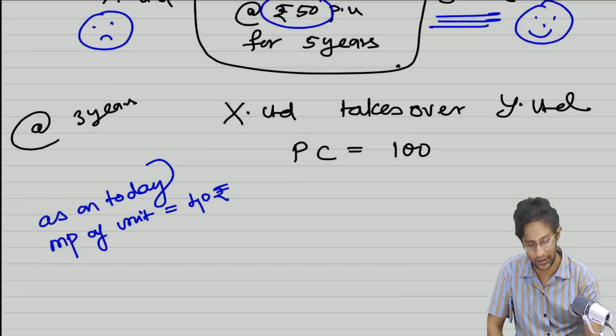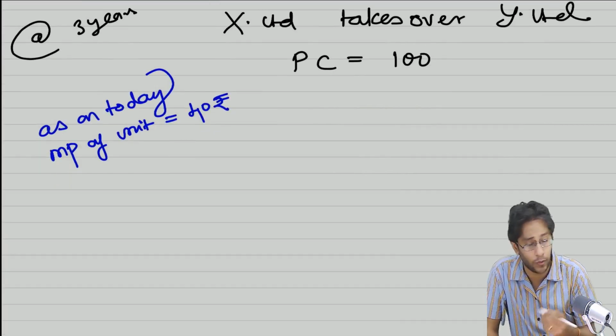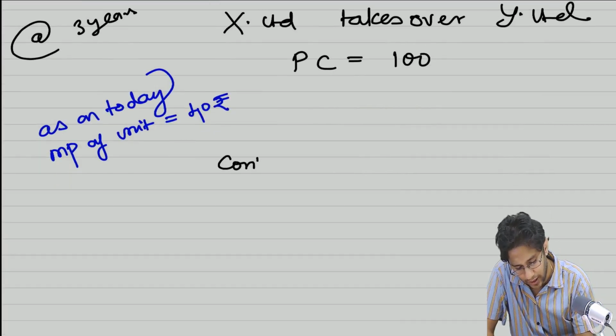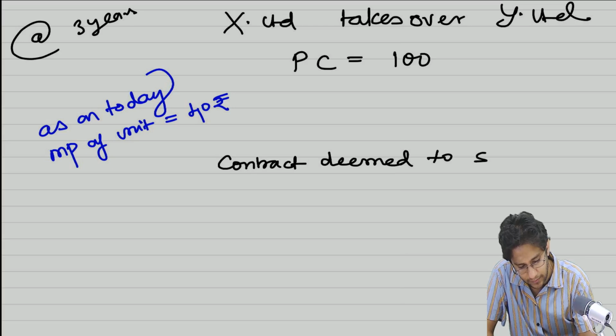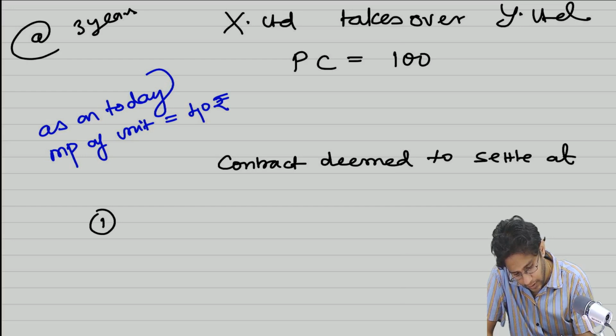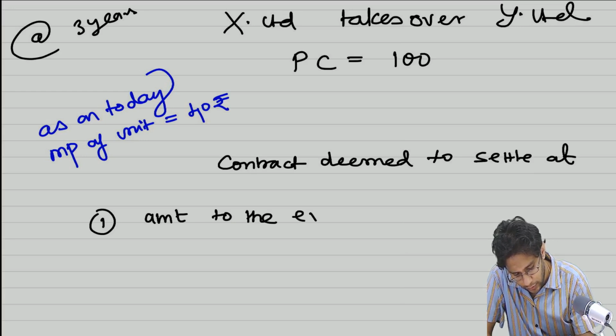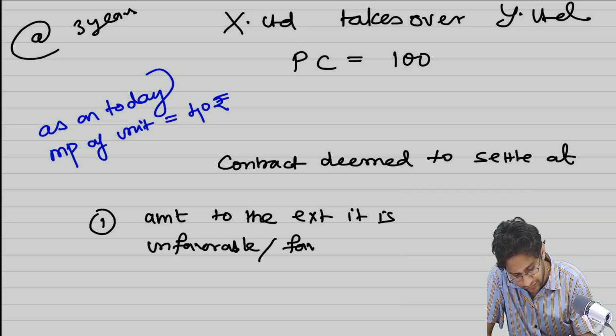So what our standard says is, the contract is deemed to settle at an amount to the extent it is unfavorable or favorable to acquirer.